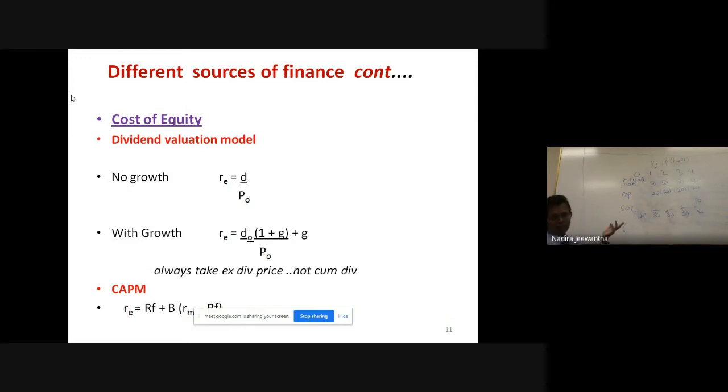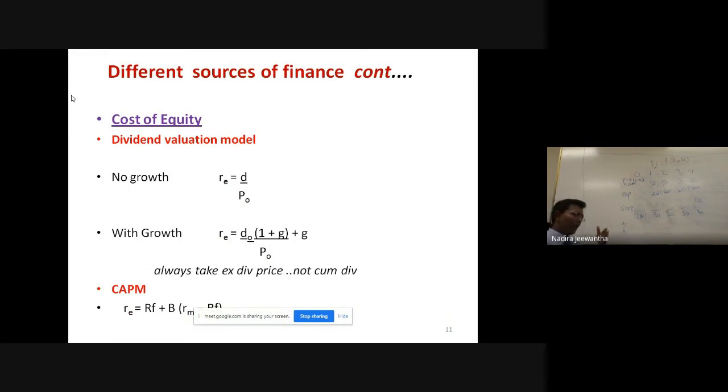What is the cost for the capital? Dividend. Does the borrowing have a cost? Of course. What is the cost for the borrowing? Interest. So the cost of equity is dividend. Cost of borrowing is the interest. Those are the two methods.